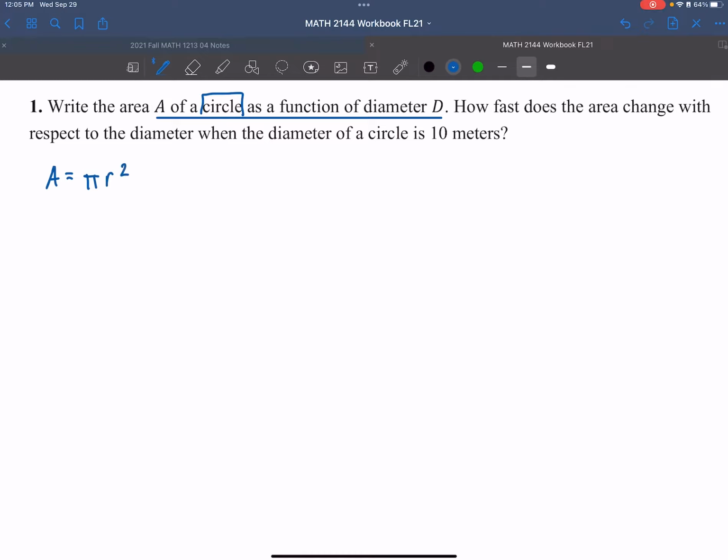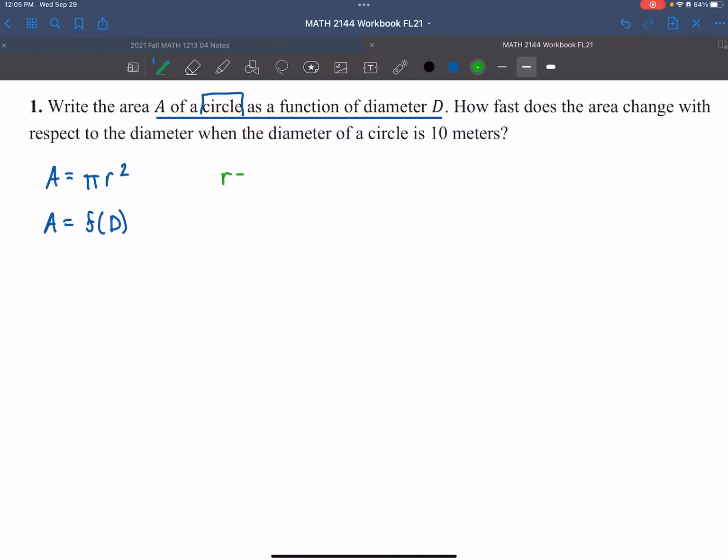But remember, this is not writing the area as a function of the diameter. This is writing it as a function of the radius. So our goal here is to write area as a function of the diameter d. In order to go ahead and do that, just remember the relationship between the diameter and the radius.